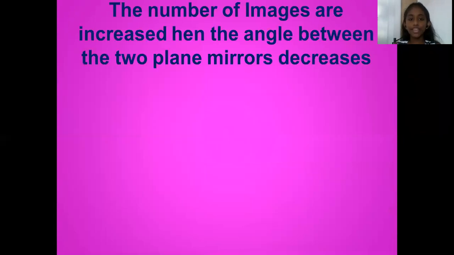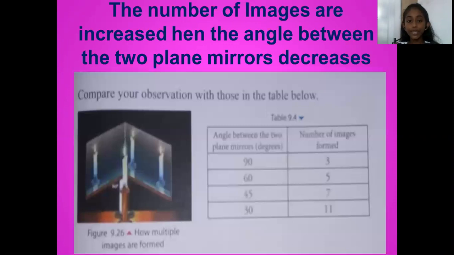So next one is the number of images are increased when the angle between the two plane mirrors decreases. So that means like this. Compare your observation with those in the table below. So this is the observation.